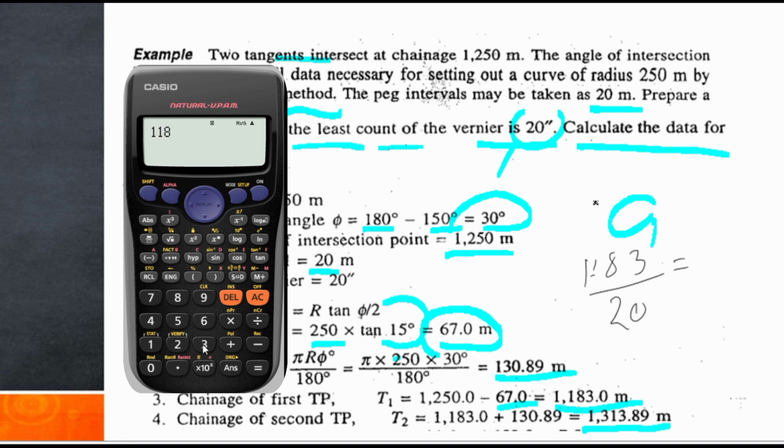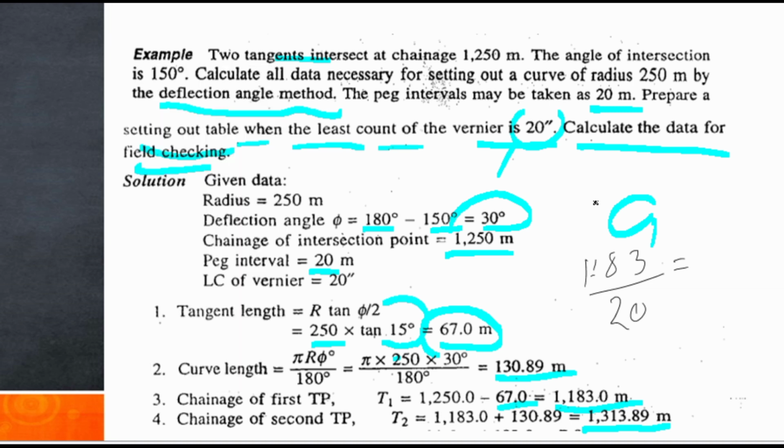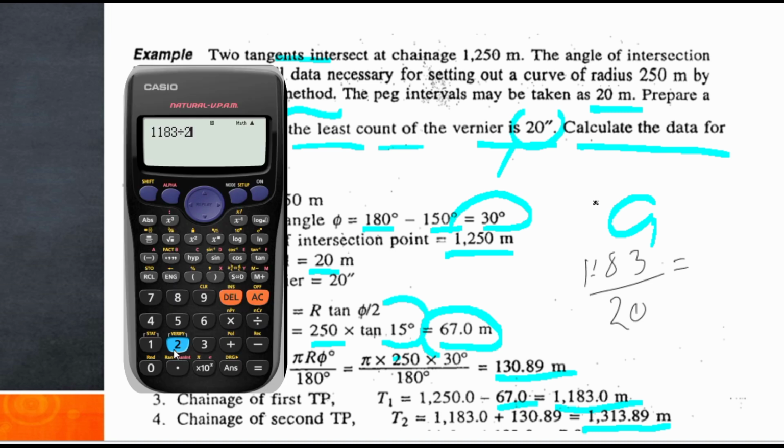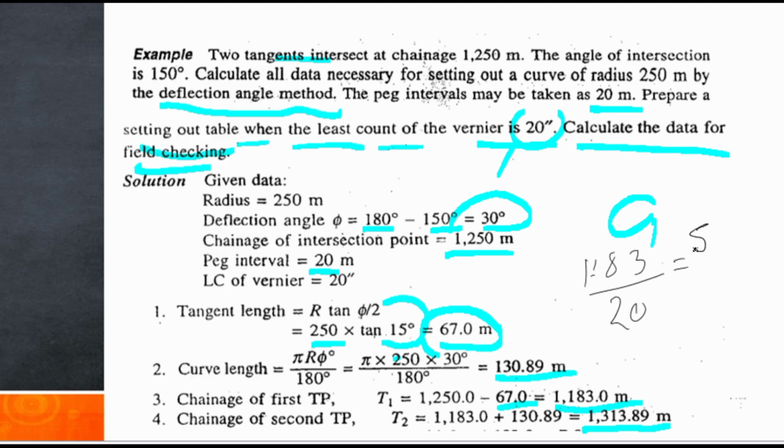You input that value in your calculator and make sure you have inputted that well. So that is 1180 divided by 20. So here we have 59 full chains.